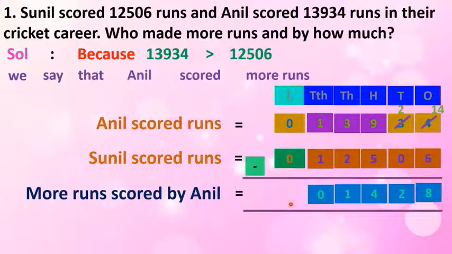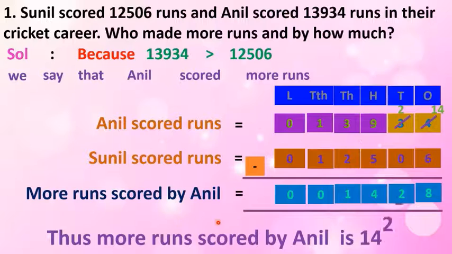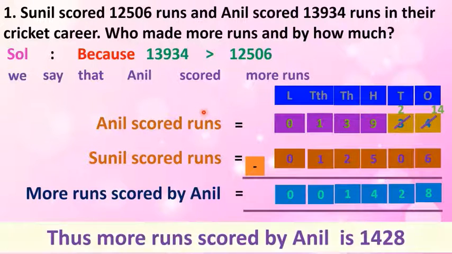Now you have to write here: thus, more runs scored by Anil is 1,428. I did not put any commas. You put the commas, children, in the question and in the answer. While doing classwork, you must write the question and then do the solution. Both are needed. Now let us go to the next one.